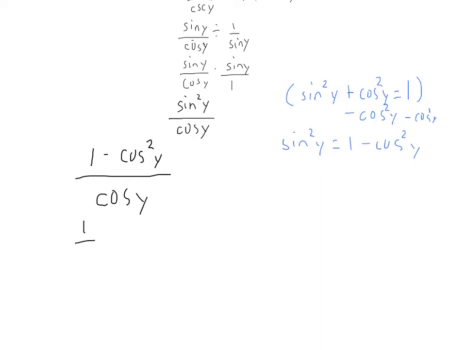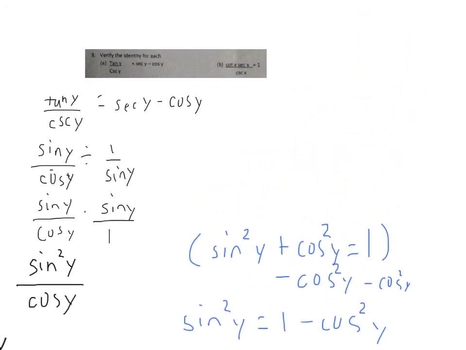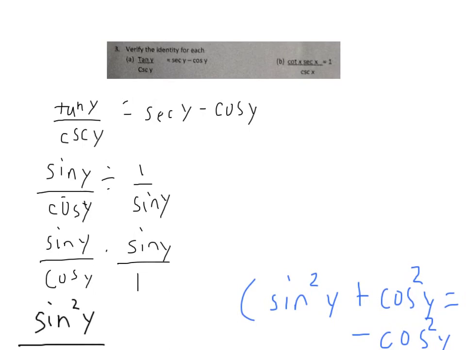So we have 1 over cosine of y minus cosine squared y divided by cosine of y. 1 over cosine of y is equal to secant y, and cosine squared y divided by cosine y is equal to cosine y. So this is how we just verified that tangent of y divided by cosecant of y is equal to secant of y minus cosine of y.